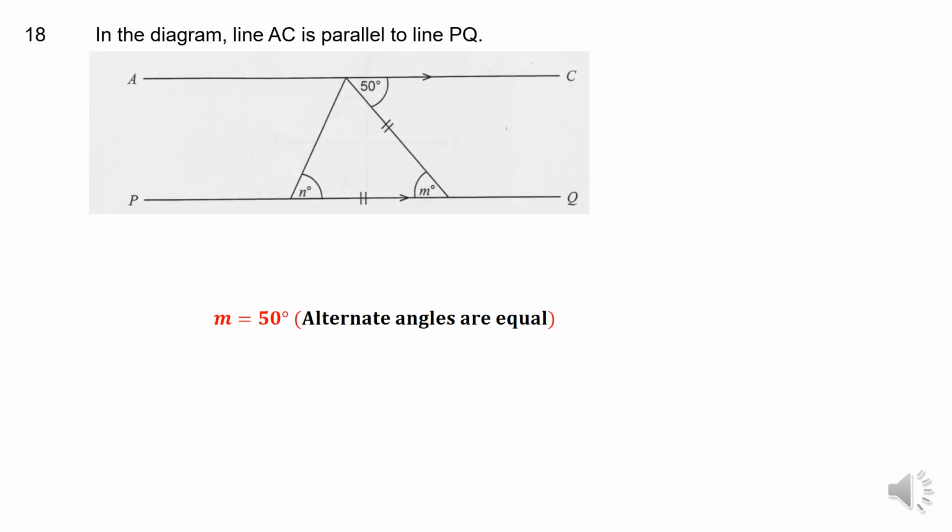The line AC is parallel to PQ. They ask you to find angle M. I've already put it there. When you are dealing with parallel lines, we have what we refer to as alternate angles. Geometry is fun.